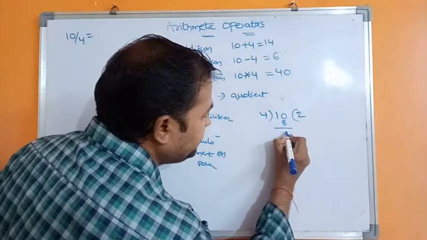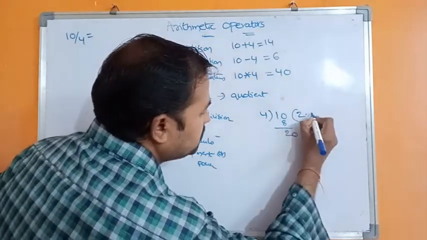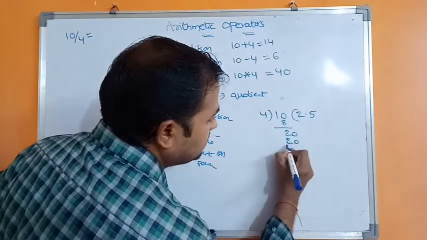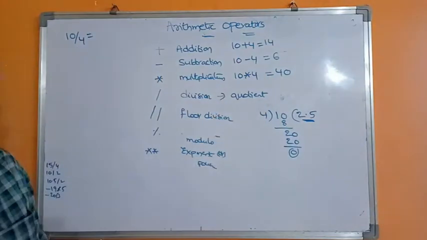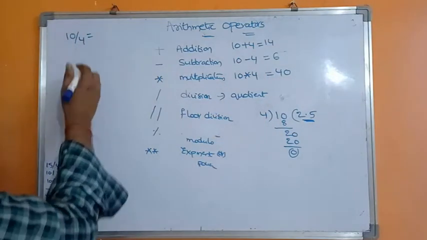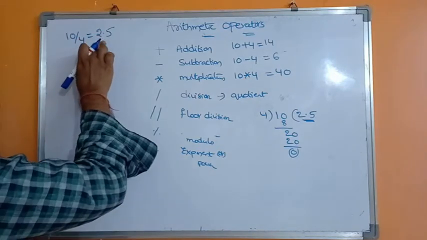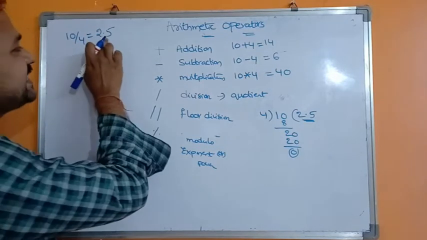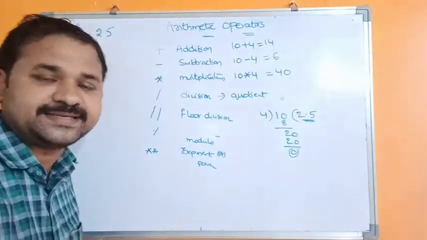So 10 minus 8 means 2. Next, we have to take 0 here. So 4 fives are 20. So what is the result here? This quotient is nothing but the division result. So here the result of 10 by 4 is 2.5. So the division operator always gives the exact quotient. It always gives a floating point number as the result.